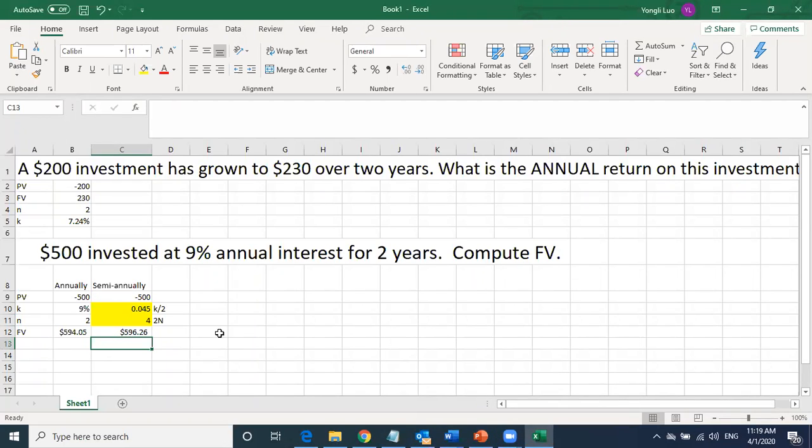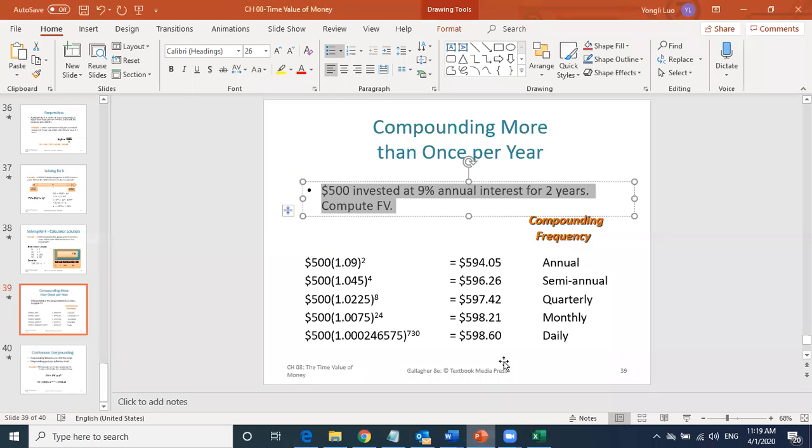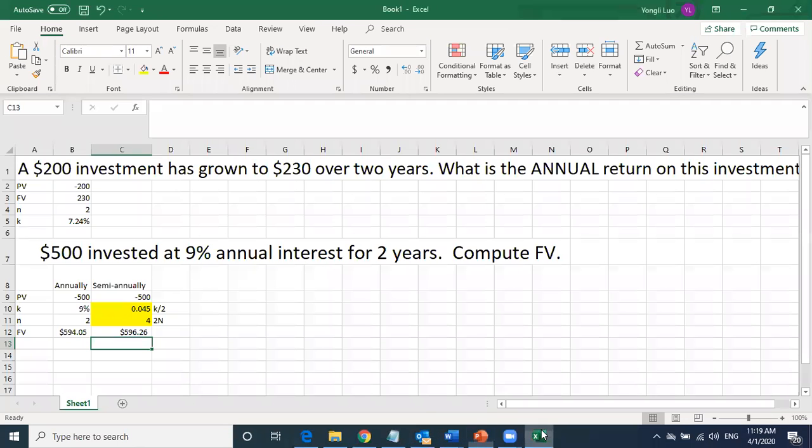We continue to do that, for example, using the monthly. We skip daily or quarterly, but we do something using monthly. Another one, we see this is monthly compounding. So what happens is this is still the same.